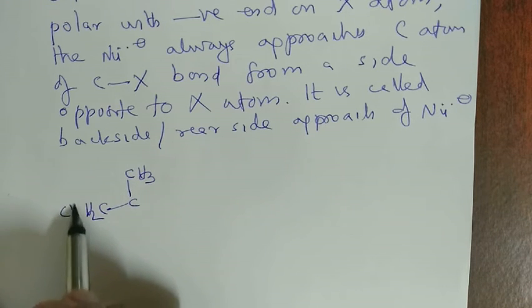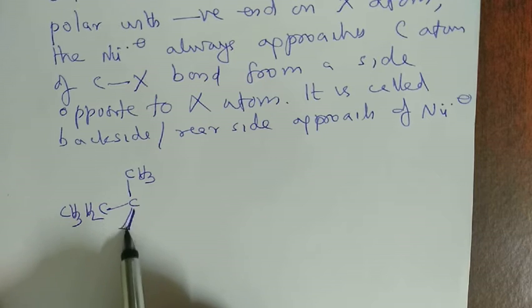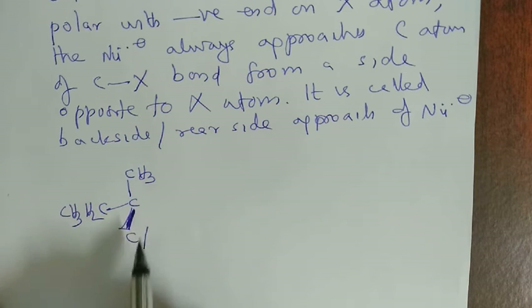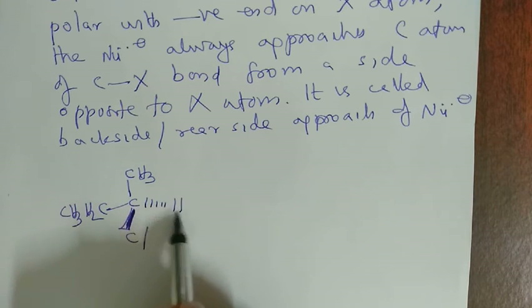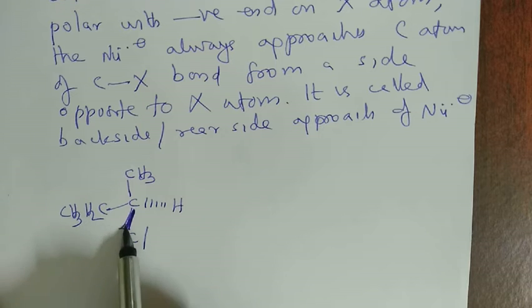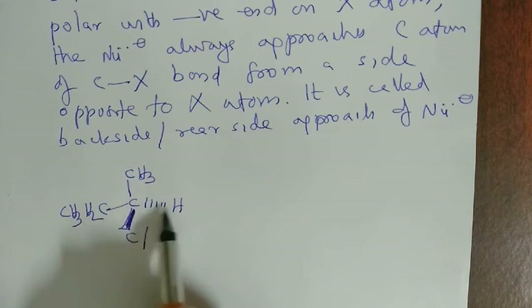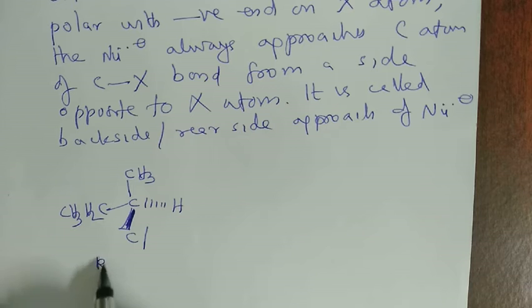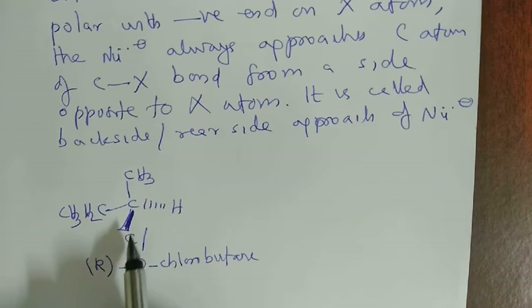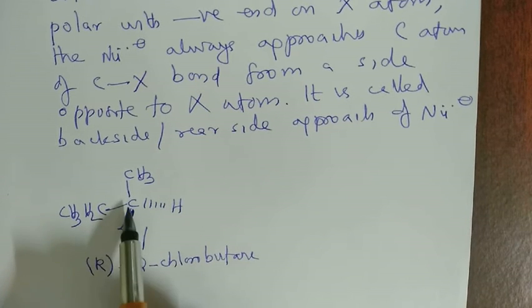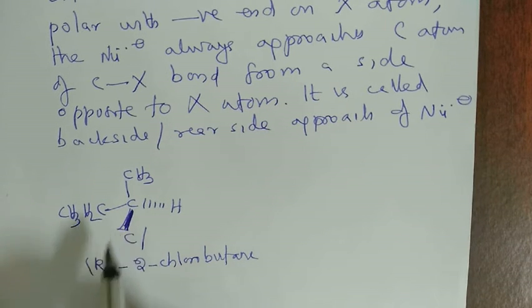this formula represents the R isomer of 2-chlorobutane. 2-chlorobutane contains an asymmetric carbon atom, hence it can show optical isomerism.